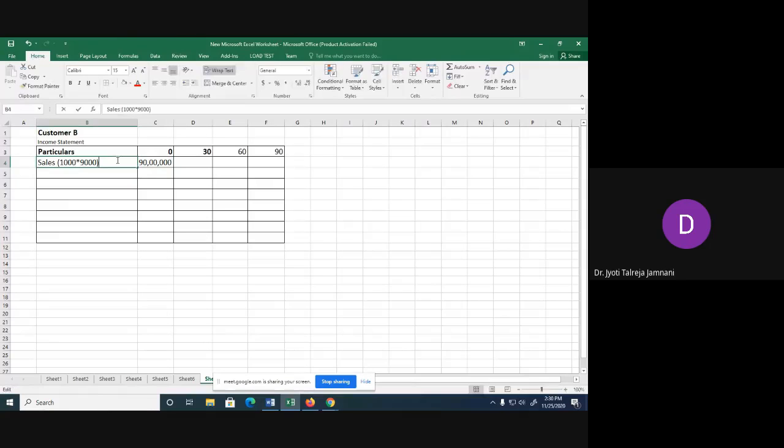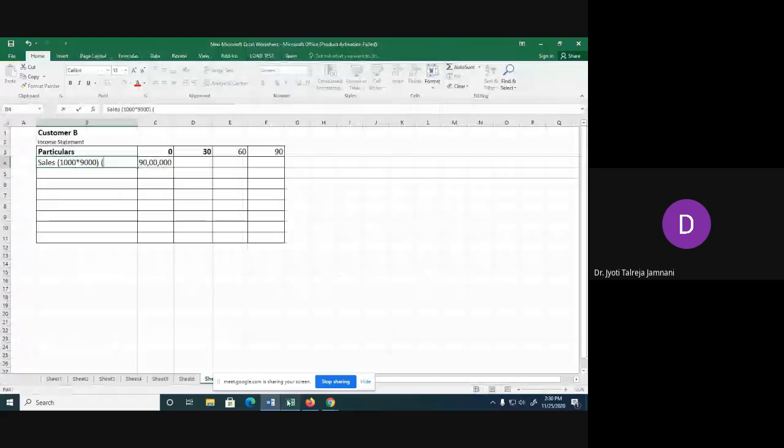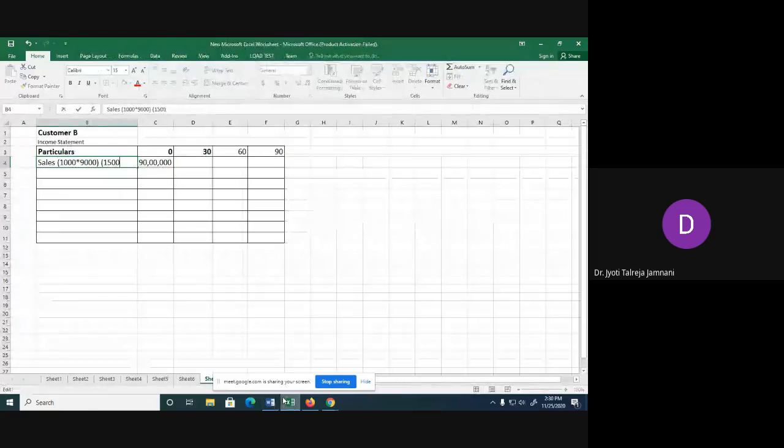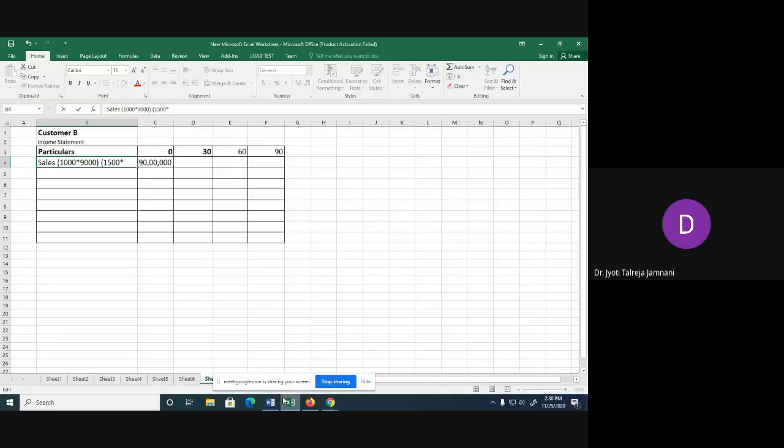Okay. When you give 30 days credit, that is in the second option, he is buying 1,500 units. So 1,500 into 9,000 rupees is the price per TV. If you do, 1 crore 35 lakh will be your sales.